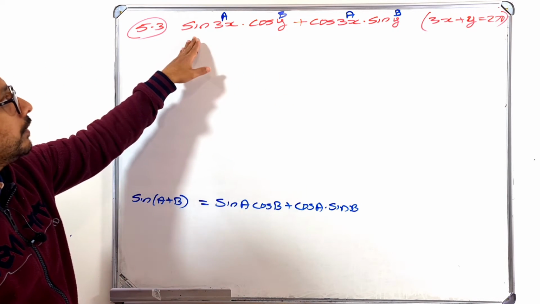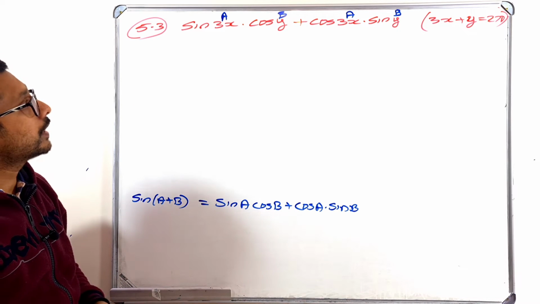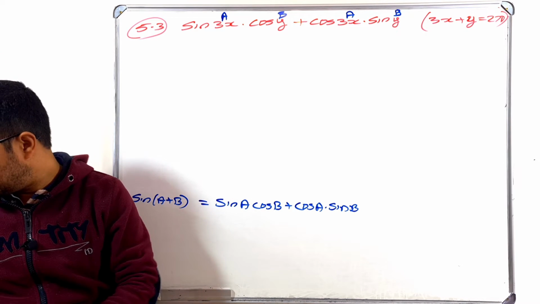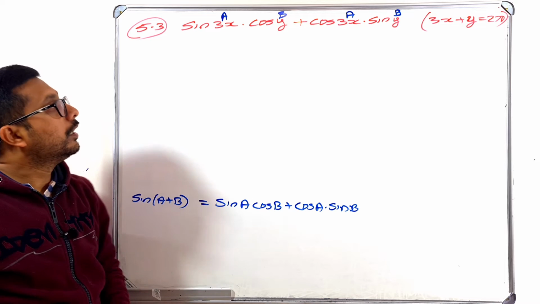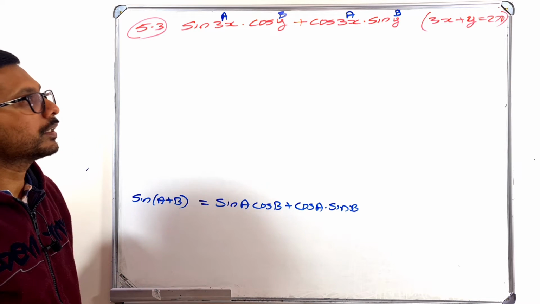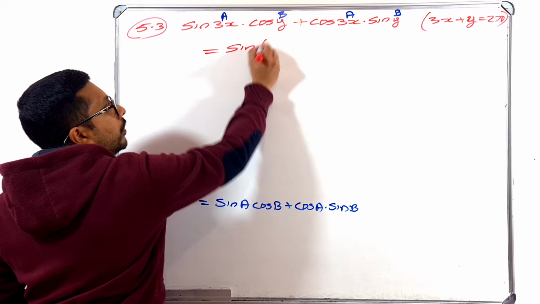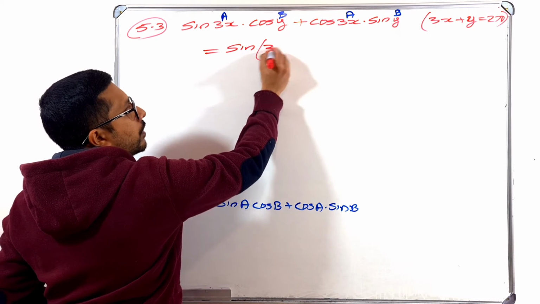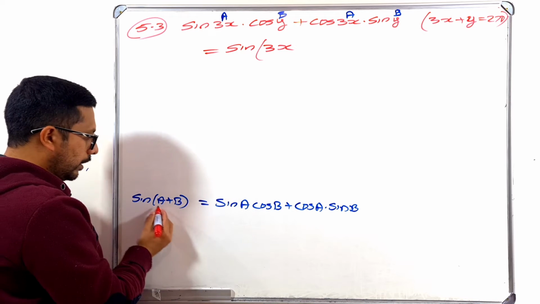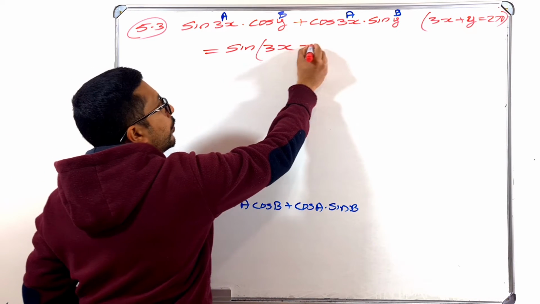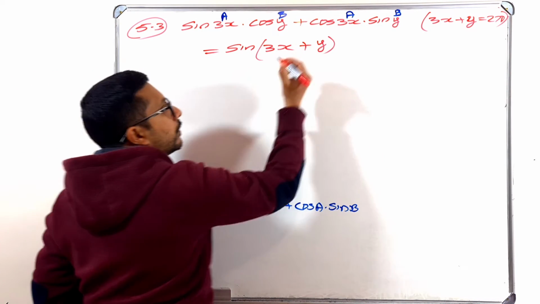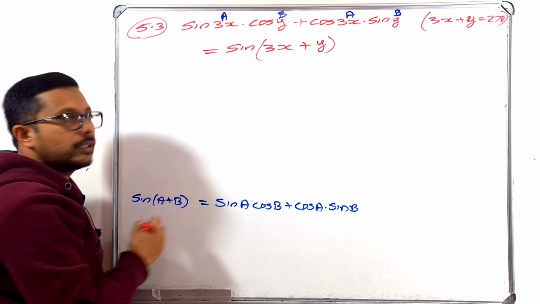So how can we write this one like that? Sine 3x cos y plus cos 3x sine y is sine of a plus b. What is our a here? 3x. What is our b? It is y. So it is sine of 3x plus y.